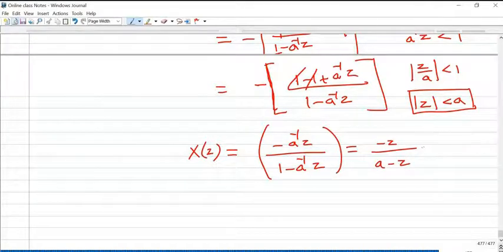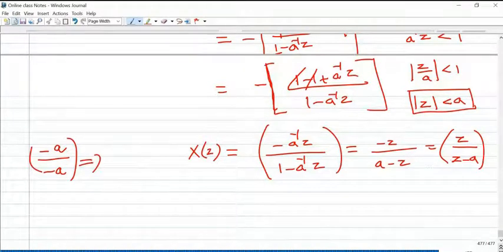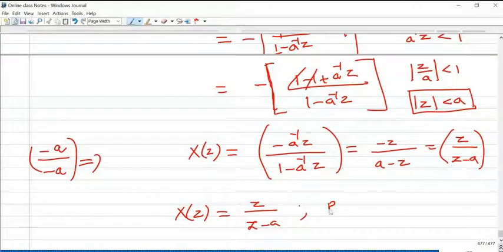Or if you multiply minus A both numerator denominator, then we will get Z divided by Z minus A. Okay. So what I did, I just multiplied both numerator denominator by minus A. Then you will get Z divided by Z minus A. So X of Z equal to Z divided by Z minus A. The ROC for this particular problem, modulus Z less than A.